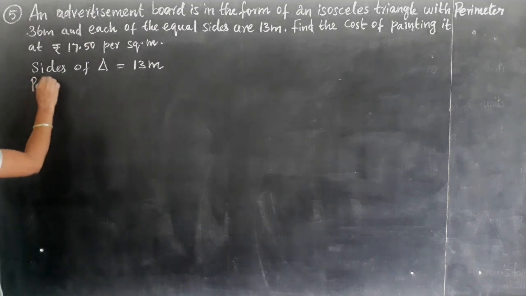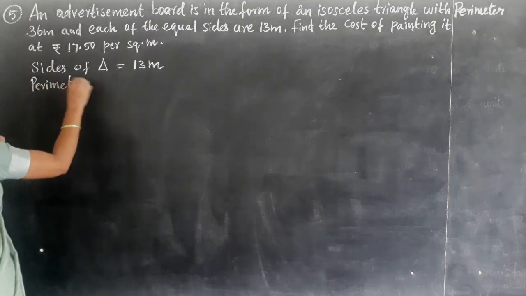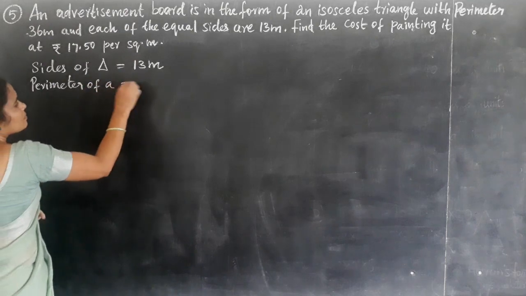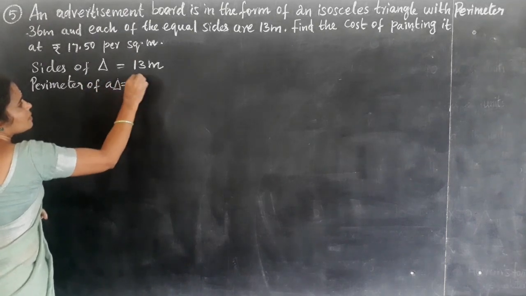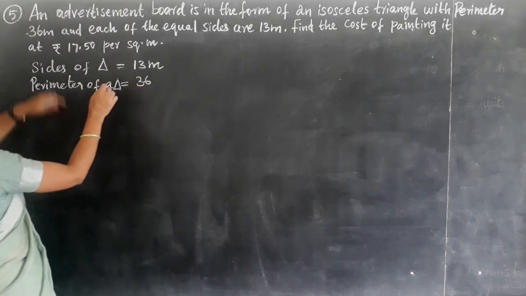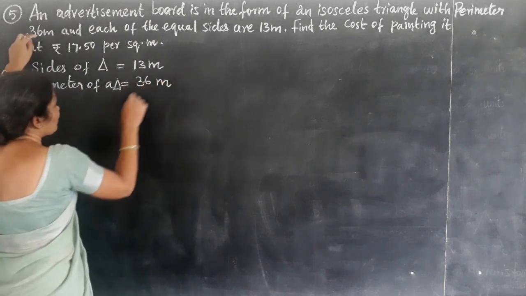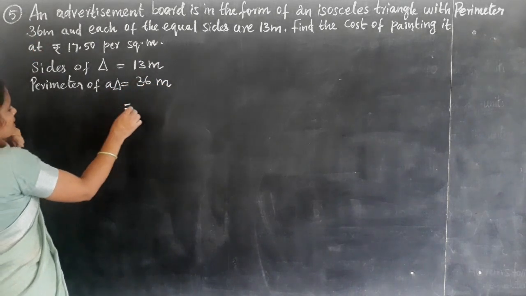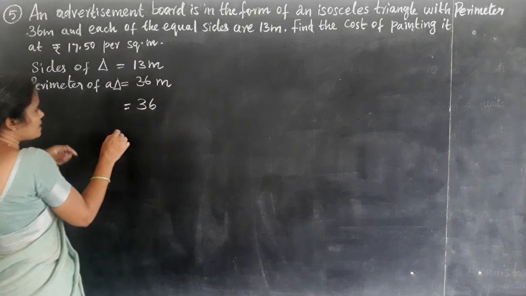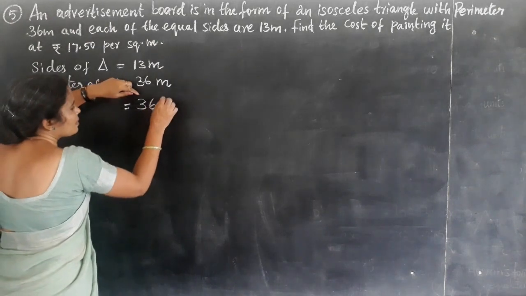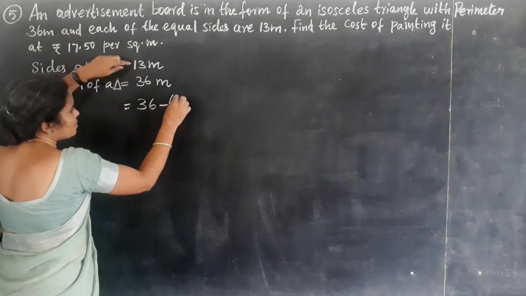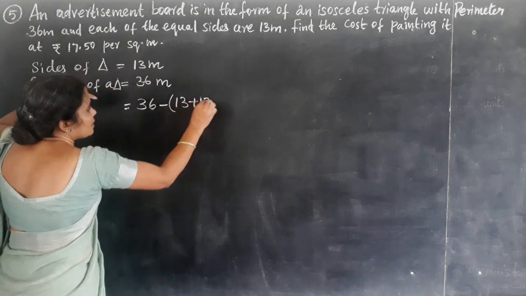Perimeter of a triangle is 36 meter. So hence it is an isosceles triangle. To find the third side, 36 minus 13 plus 13.